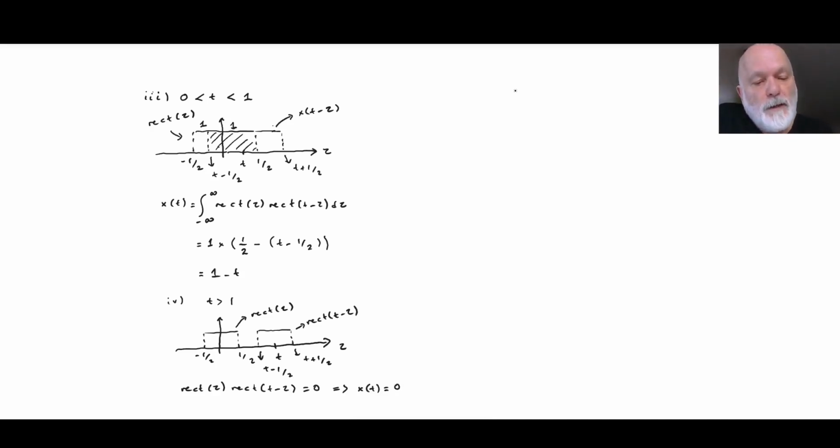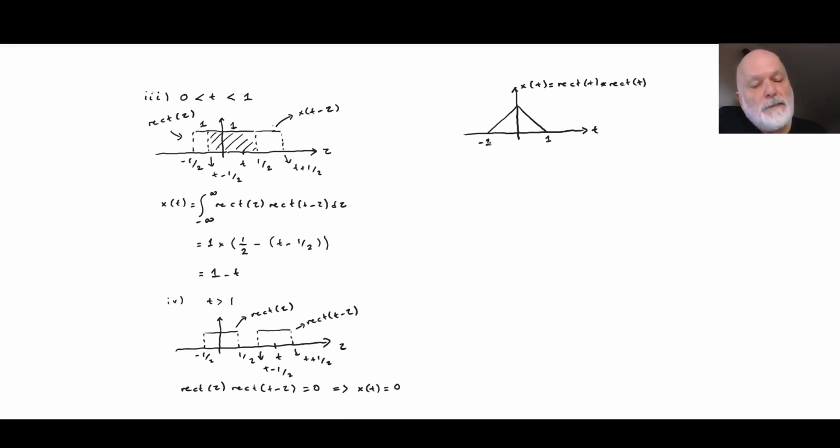Therefore, if we plot x of t as a function of t, and x of t is, remember, rect of t convolved with rect of t, it will be this triangular pulse, which is non-zero between minus 1 and plus 1.